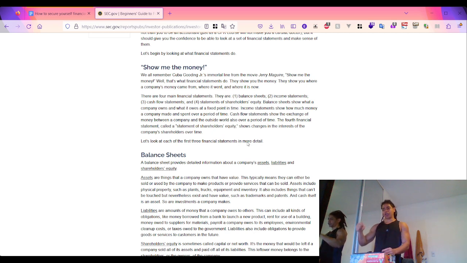This is money that a company owes to the government, based on how much money it generates, according to the tax rate. And then you reach whether a company actually made a profit or not.